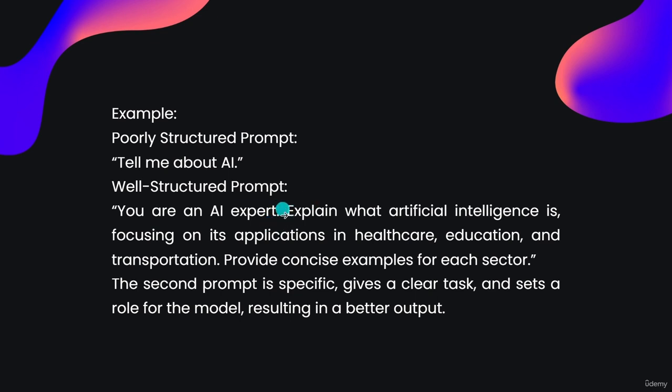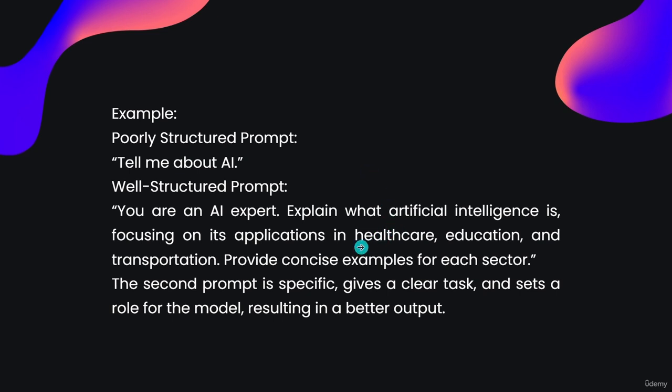After that, I have defined the task, what I actually need from the AI model: "Explain what artificial intelligence is, focusing on its applications, and provide concise examples for each sector." But where is the context in it? Where is the additional information that I have given?